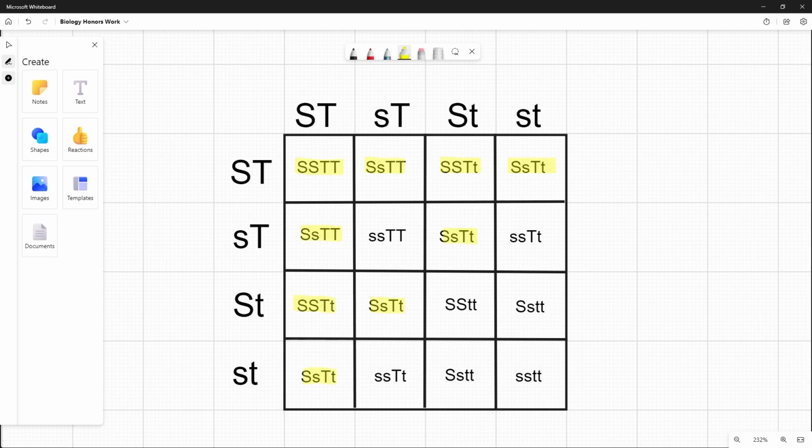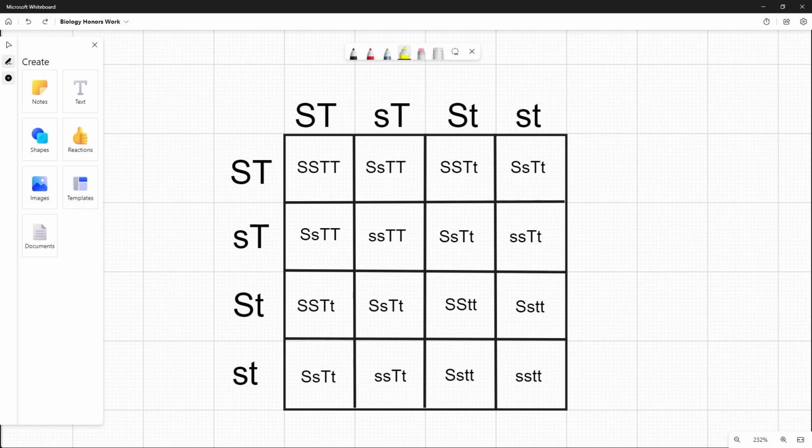These 9 will be spherical seeds with tall plants. These 3 will be spherical seeds with short plants. These 3 will be dented seeds with tall plants, and the one that's left will be dented seeds with short plants. Therefore, our phenotypic ratio is 9 to 3 to 3 to 1.